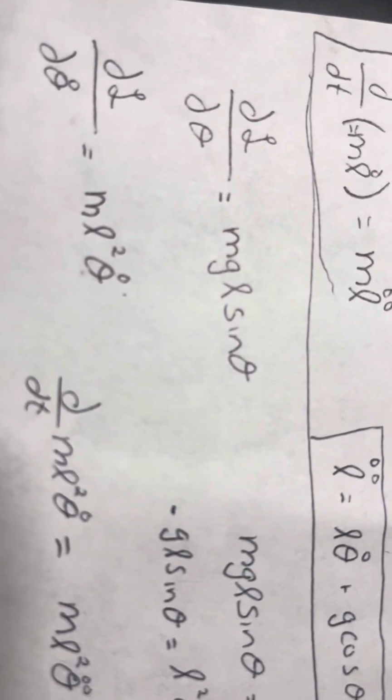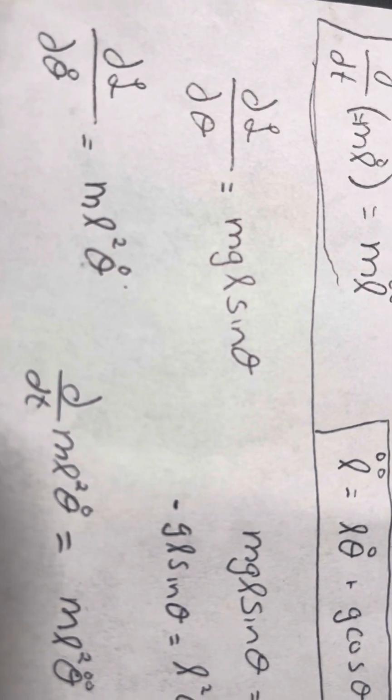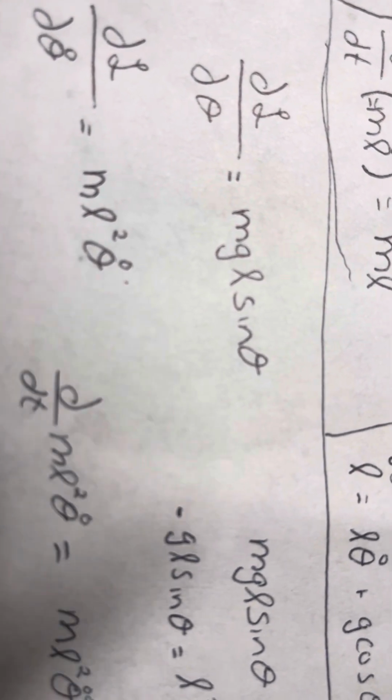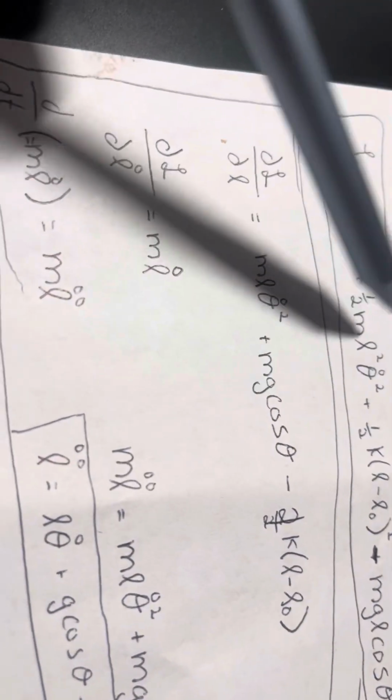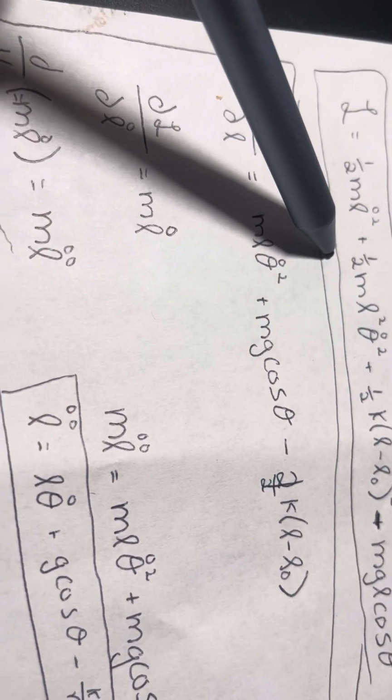And then the partial derivative of the Lagrangian with respect to theta dot is going to be ml squared theta dot, because again that is only hitting this one term of the equation.